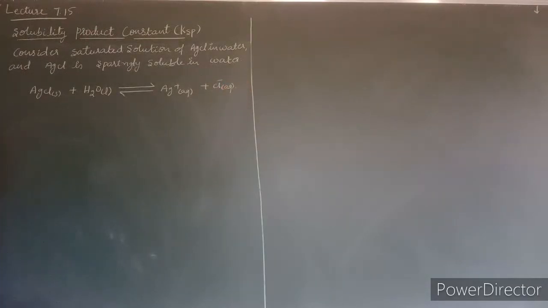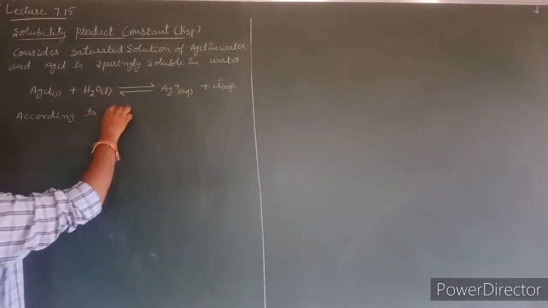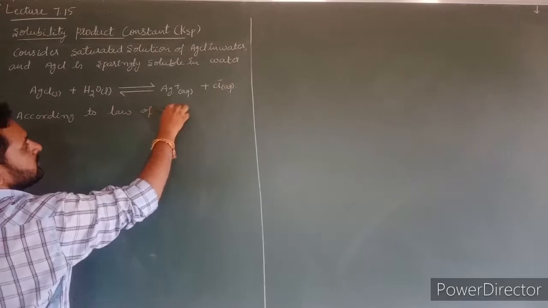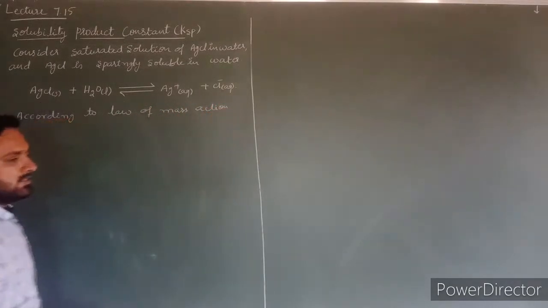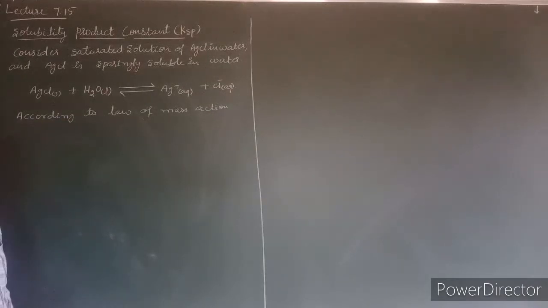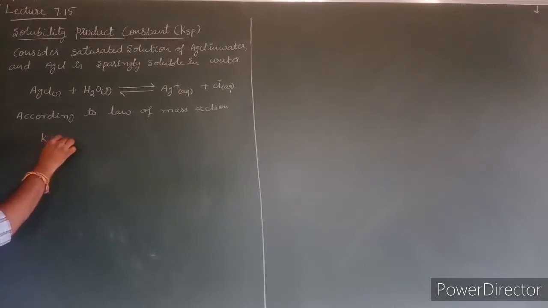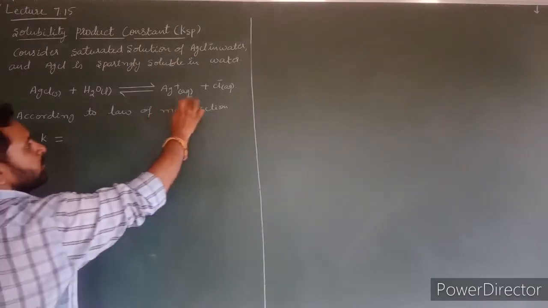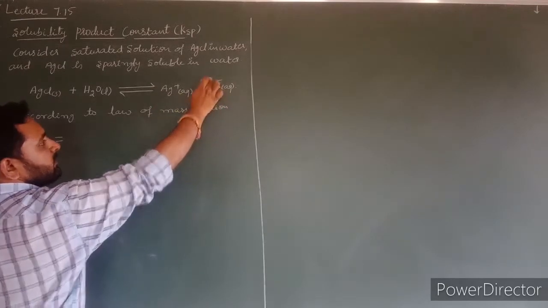Now according to law of mass action, let us write dissociation constant mathematical expression for this reaction. K is equal to molar concentration of product divided by molar concentration of reactant. Here in product side there are two ions, one is Ag plus ion, the another one is Cl minus ion.